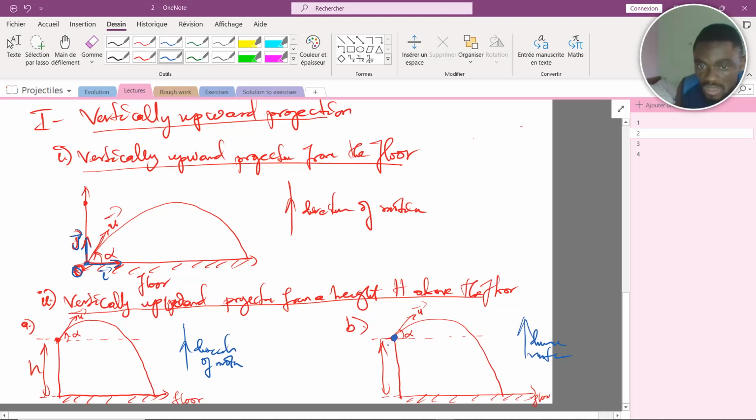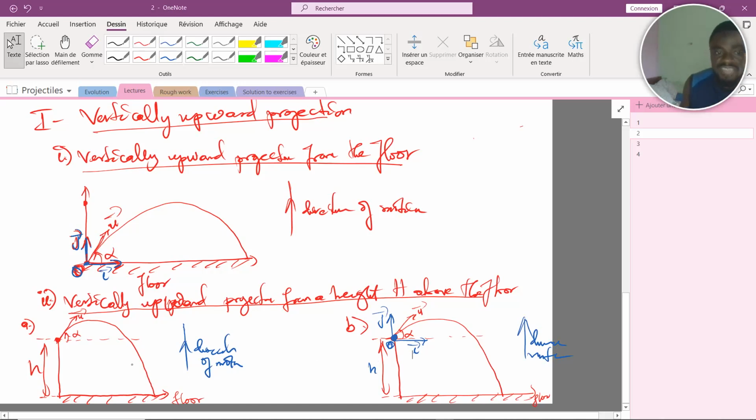So I'll come here, I'll call this point 0, the origin. Don't forget that this is h. The motion is how? Vertically upward. So my positive j vector will be like this, and my positive i vector will be how? Like this. Is that okay?